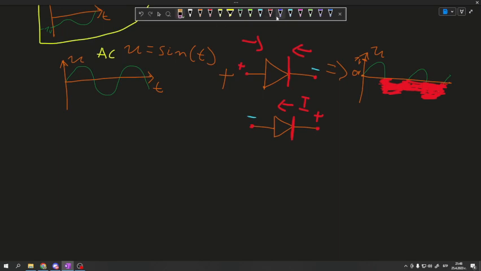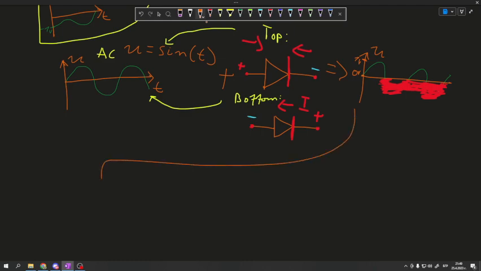That's the top part of this graph, and that's the bottom part. And we basically remove the bottom part. And what we are left with, let me draw it a bit cleaner.